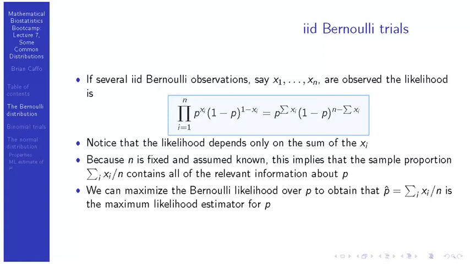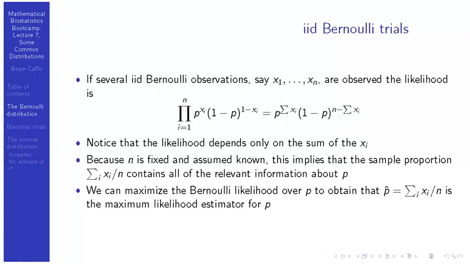This equals p to the summation xi, 1 minus p to the n minus summation xi. Notice that the likelihood only depends on the sum of the x's. Since each x is 0 or 1, the sum of the x's is just the total number of successes, and n minus the sum of the x's is the total number of failures. So if you know n and the total number of successes, then you know the Bernoulli likelihood.